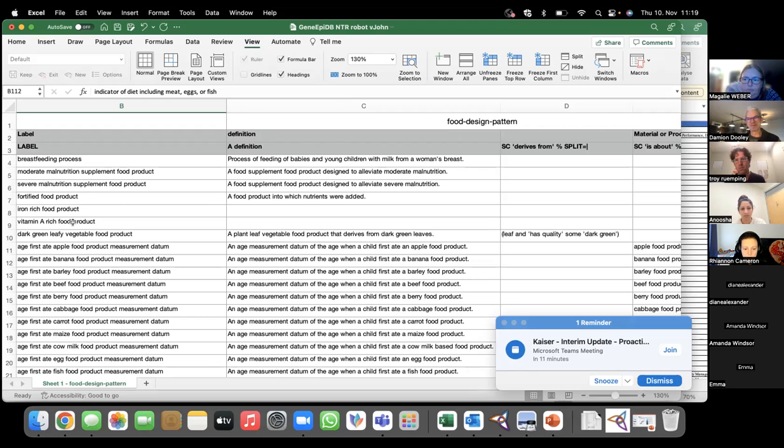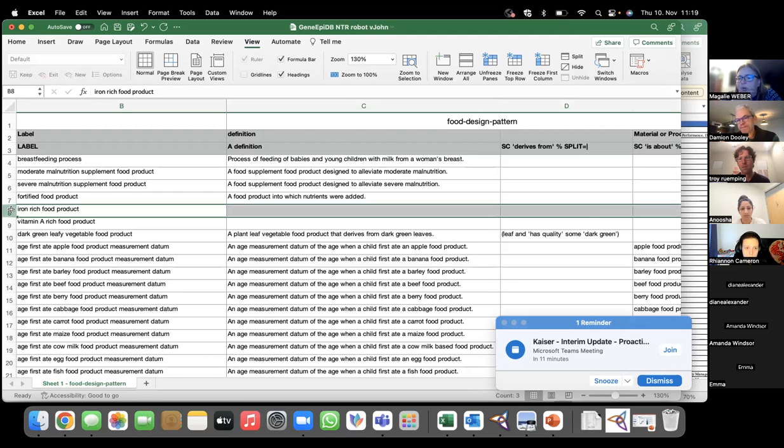Magali? Yes, you are speaking about, for example, iron-rich food product. Yes, that's a great example. Yes. And we already have some kind of discussion about what is rich and what is. You have to refer to a standard level to say that it is richer or poorer than. Exactly. In reality, everyone's going to have a slightly different definition here, a sort of working definition of what's sufficiently rich to be rich.